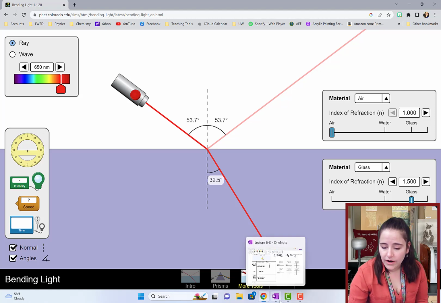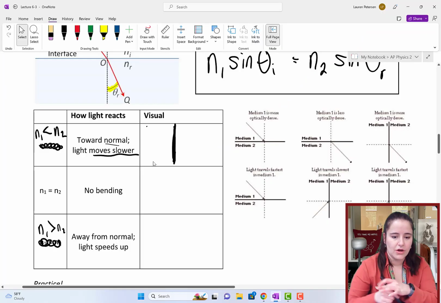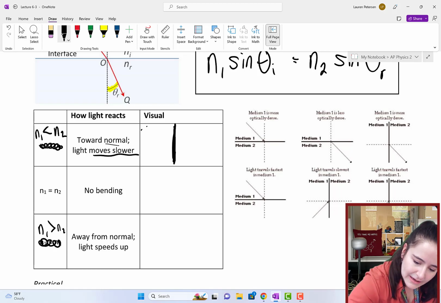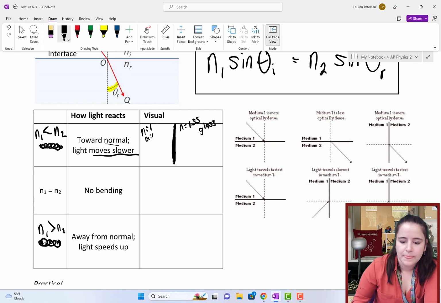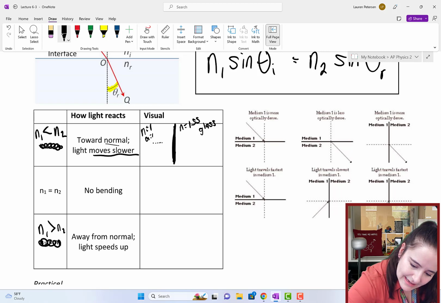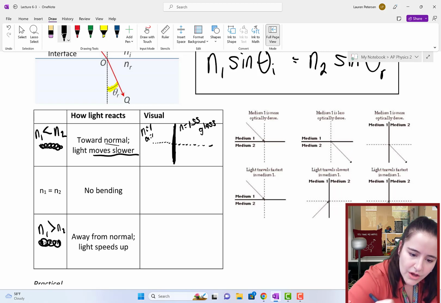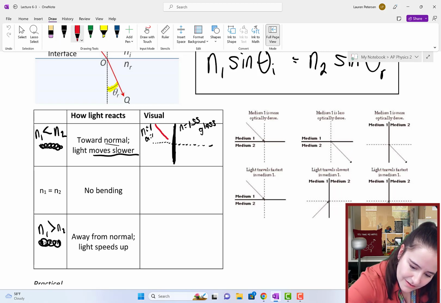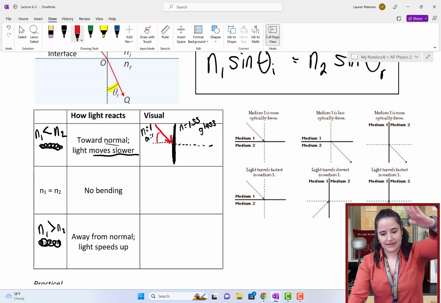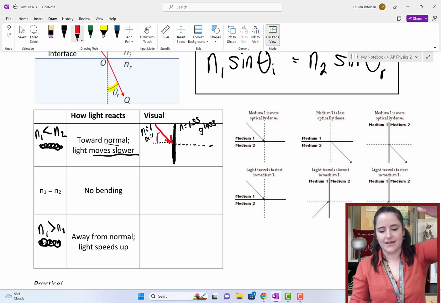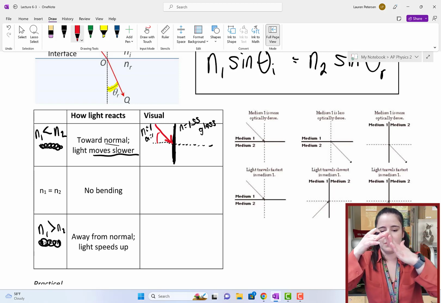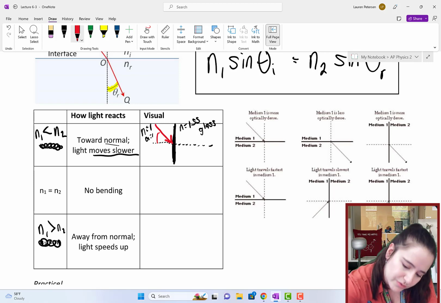So for n1 less than n2, we'll say n1 equals 1, you're in air, and n2 equals 1.55, you're in glass, okay? And then we'll draw on our normal line. That's that 90-degree line. The light's going to be coming in toward that, hit it, and go toward the normal because it's going to slow down, okay?